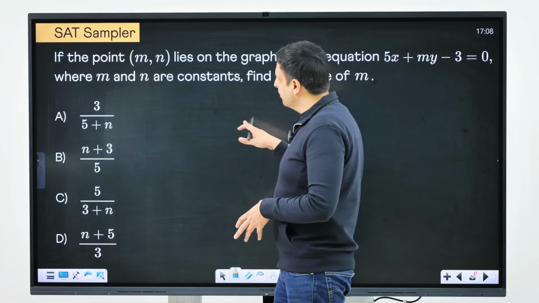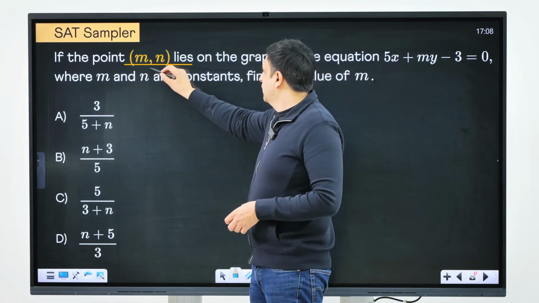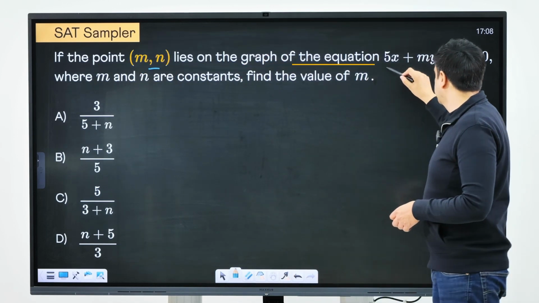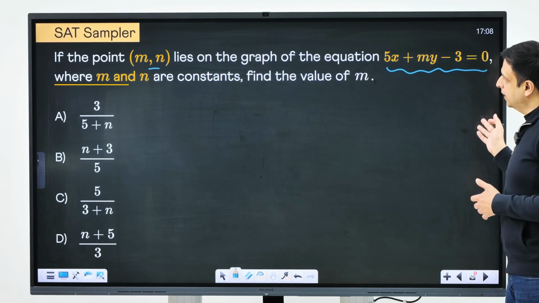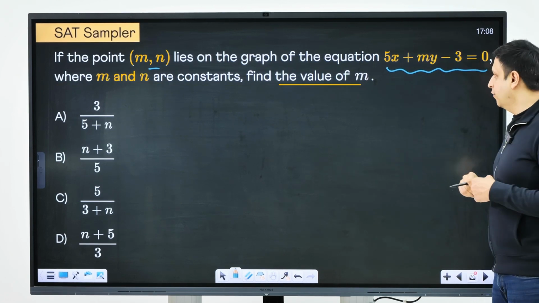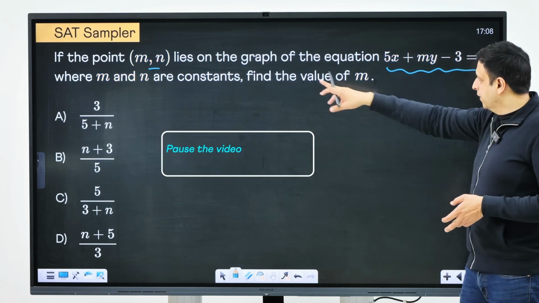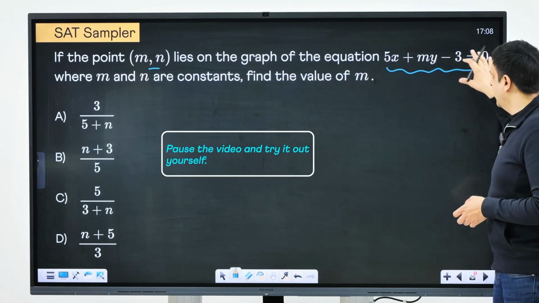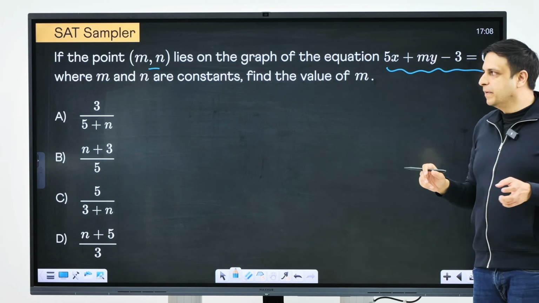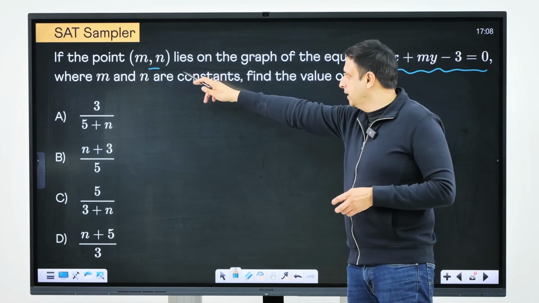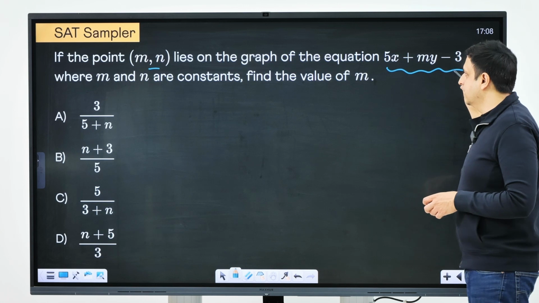Now here's our next problem. If the point m, n lies on the graph of this equation 5x plus my minus 3 equal to 0, where m and n are constants, find the value of m. Once again, we are given a point that lies on the graph of this equation, which means that the coordinates m and n will satisfy this equation.